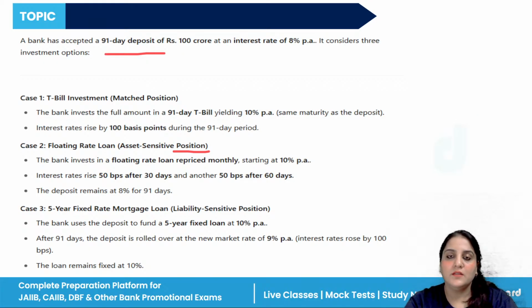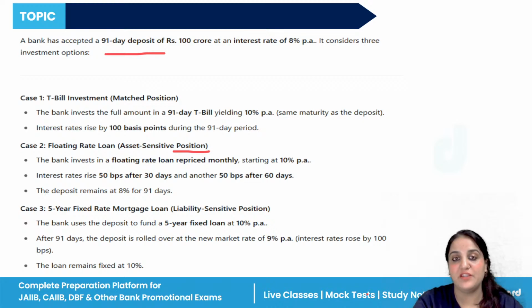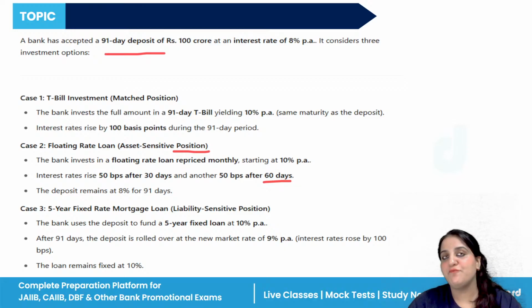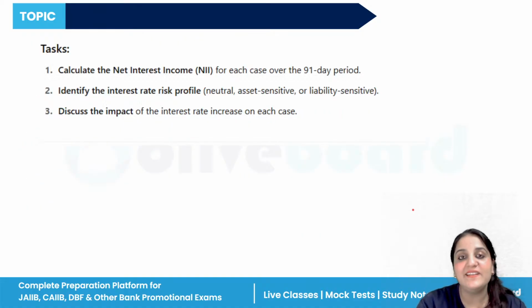Case 2 says the bank invests in a floating rate loan which is repriced monthly. Interest rate rises 50 bps after 30 days and another 50 bps after 60 days. Deposit remains the same at 8% for 91 days. Now a 5-year fixed rate mortgage loan is given. So conditions are given. We have to calculate the NII, identify the interest rate risk profile, and discuss the impact.